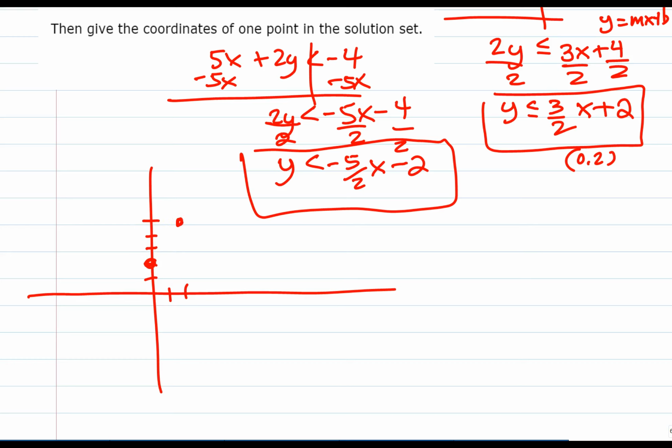Solid or dashed? Second one has a y-intercept of what? And a slope of? Solid or dashed?